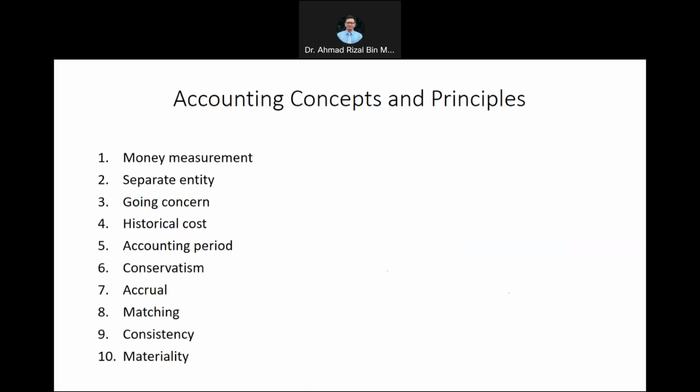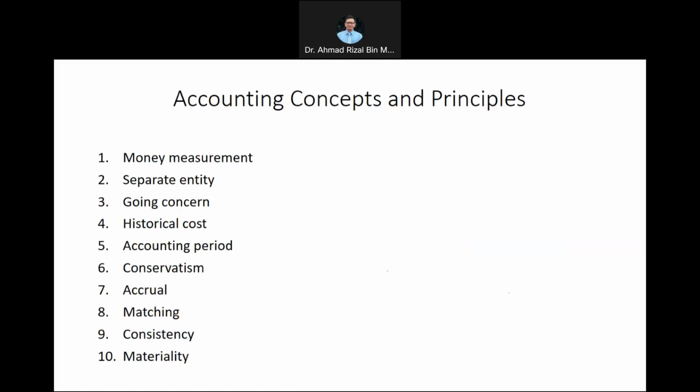The fifth one would be the accounting period, where the time frame would be a year. So we call it an accounting period or fiscal year. Normally it ends on 31st December, but there are other financial year ends as well, including end of June, even September. Last time we even had financial statements ending in March.